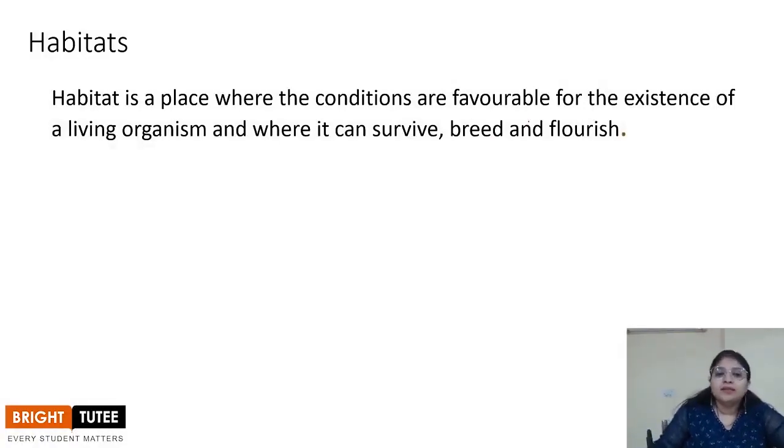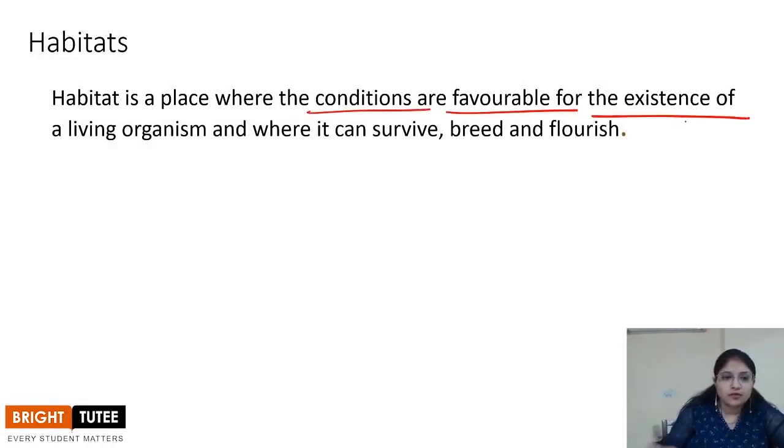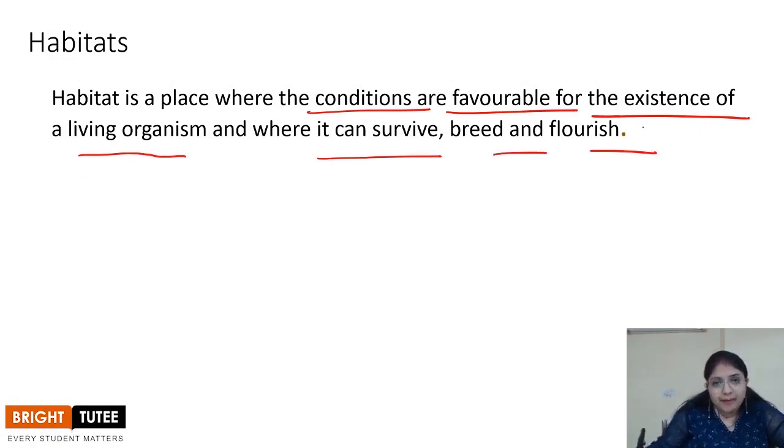So habitat is a place where the conditions are favorable for the existence of living organisms, where it can survive, breed, and flourish, right? The habitat of an organism provides it with nutrition, provides it with opportunity to breed.